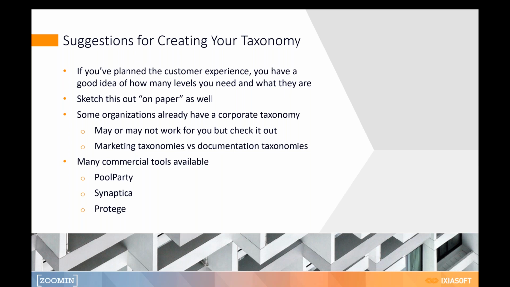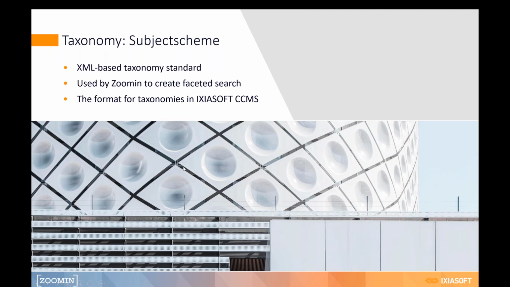It also can end up being a really good team building experience. So it's a good way to get everyone on board, especially if you're trying to create a taxonomy that will hold over multiple departments. So that's definitely something I would do. But once you do all that, then of course those commercial tools can be very helpful as well. So now moving from taxonomy to Subjectscheme.